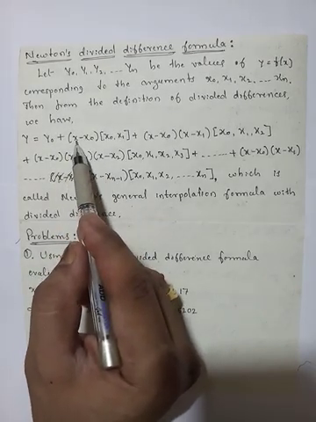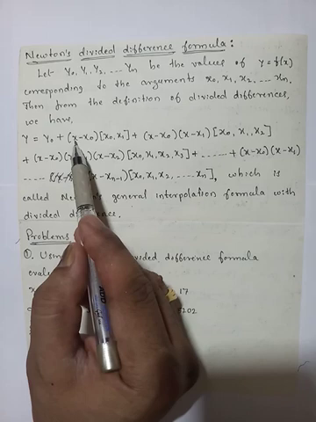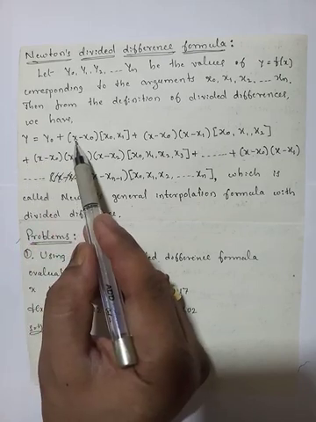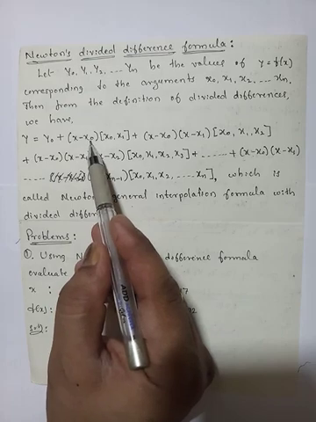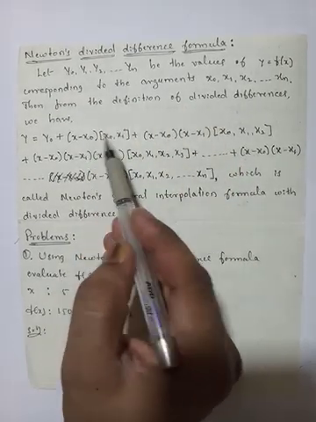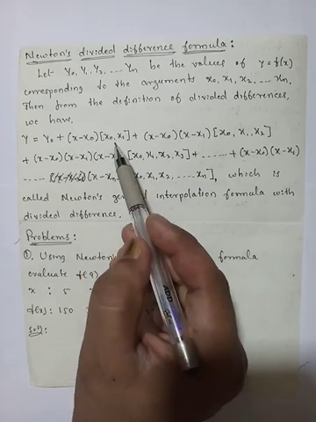Here x means the value for which we are finding y, so this x value will be given in the problem. Taking that x value minus x0, the first value of x, this is the first divided difference.